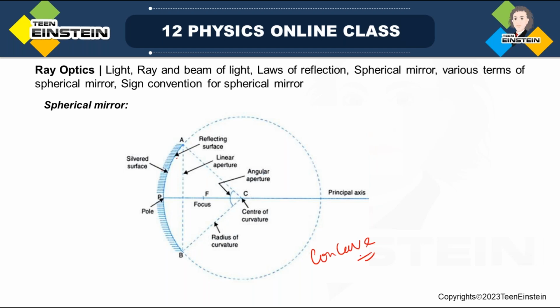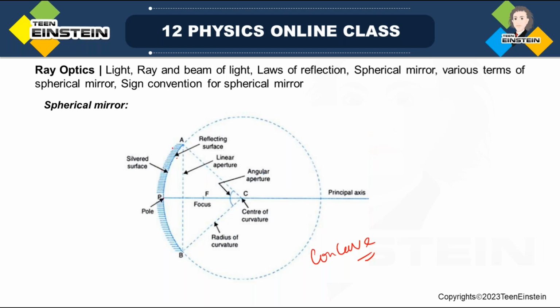Now we will be learning various terminology related to the spherical mirror. First of all, what is called pole? The geometrical center of the spherical surface or reflecting surface is called the pole.